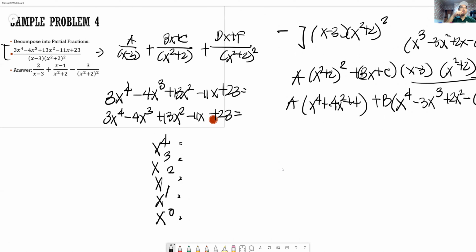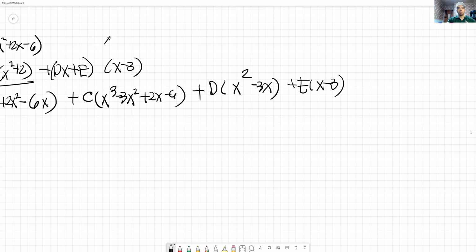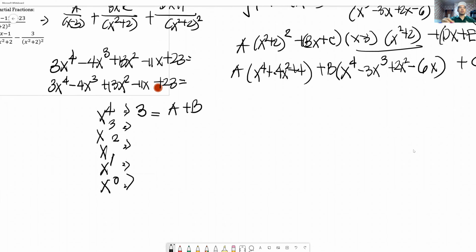Okay. So for x raised to 4, we have there 3 is equal to a plus b. Is there something more? Nothing else. So 3 equals a plus b. That is called our first equation.